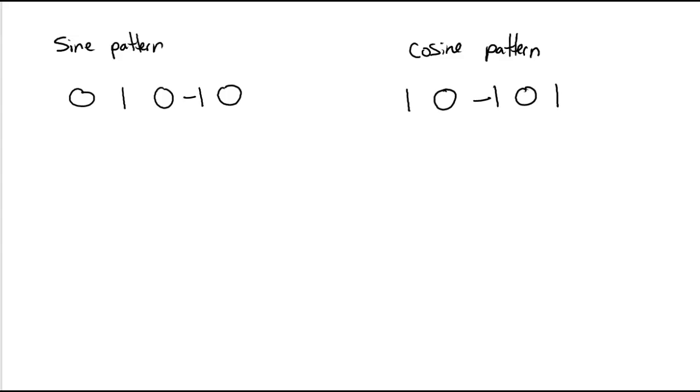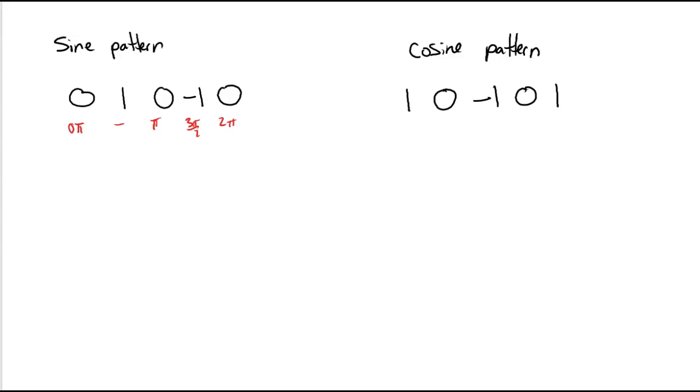Again, where do these numbers come from? They come from our unit circle. So these are your values for when we plug in 0, pi over 2, pi, 3 pi over 2, and 2 pi. So that's where those values come from.